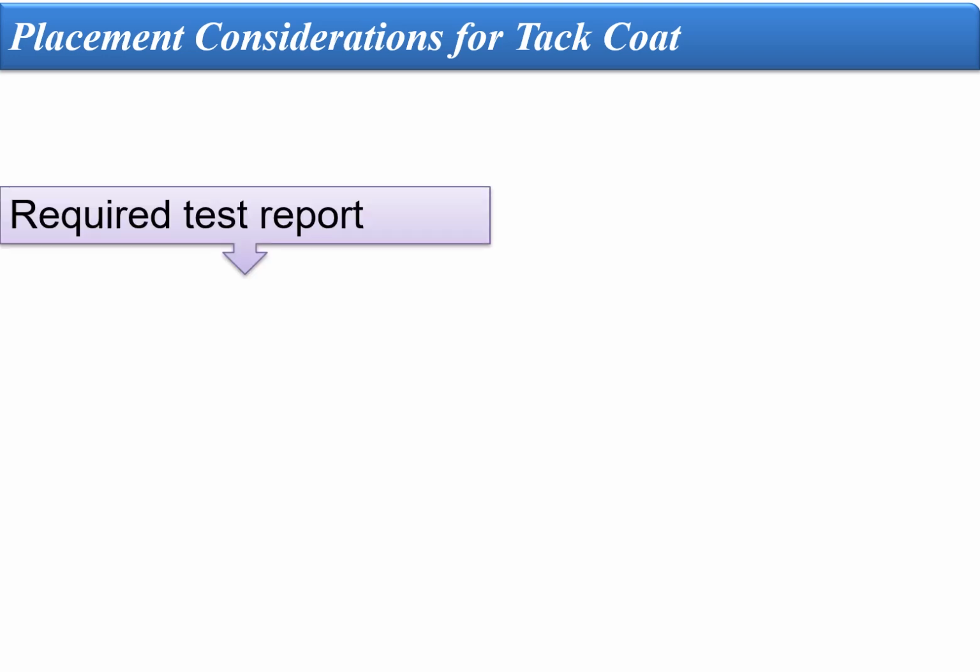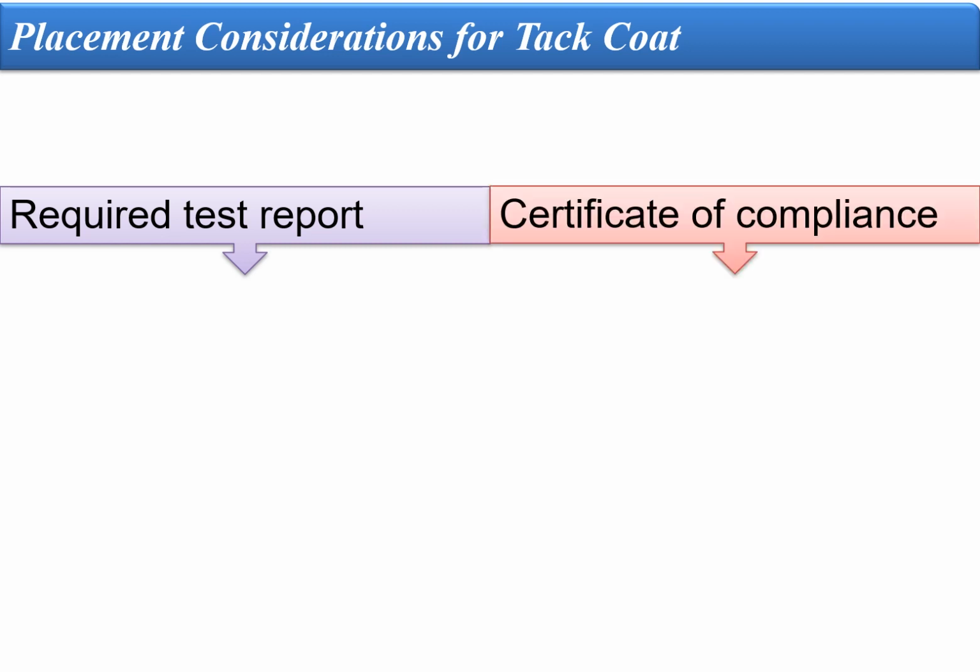asphalt construction activities. Similarly, obtain the required test reports and certificates of compliance for each truckload of emulsions or asphalt binder before the application of tack coat starts, and compare the test reports with the specifications. It is important to understand that the material used as a tack coat should meet the requirements of a tack coat.